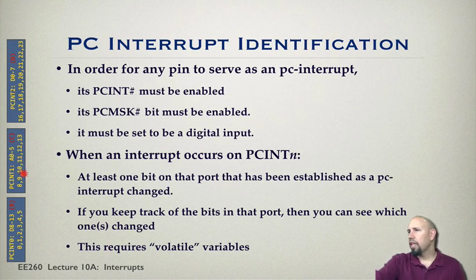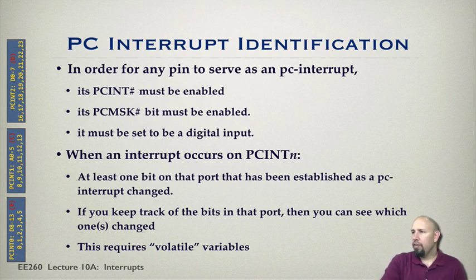So let's suppose that 9 and 12 have been set up to be PC interrupts. When an interrupt in PCInt1 occurs, that means we know that at least one of these guys has been interrupted. You could have multiple interrupted, but at least one of them is.